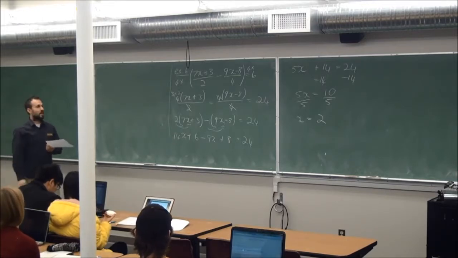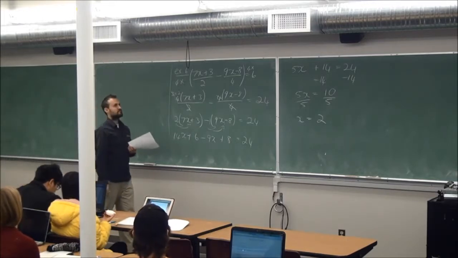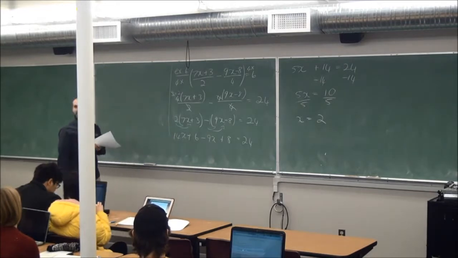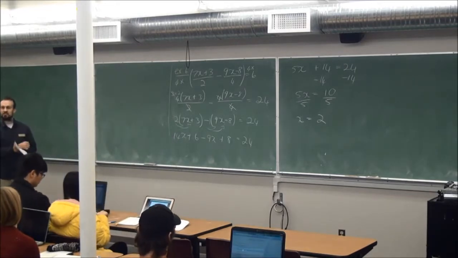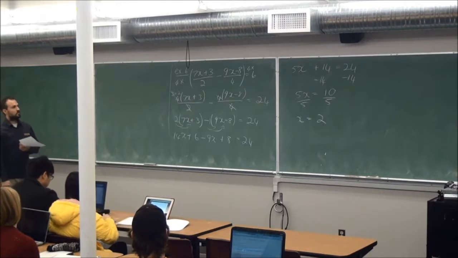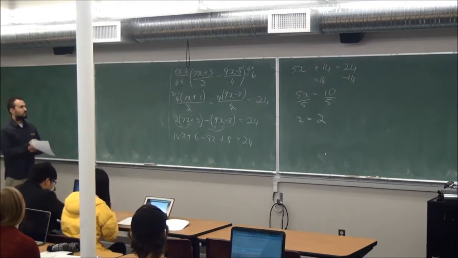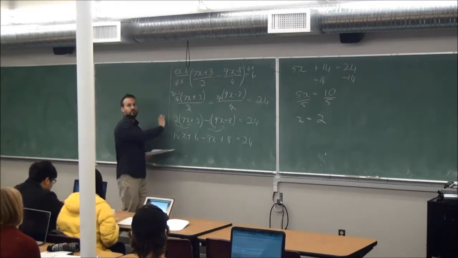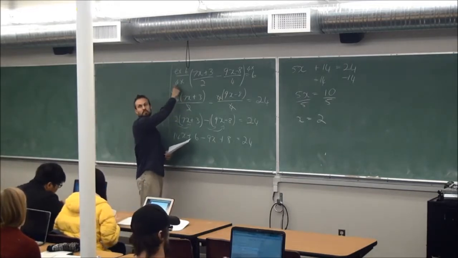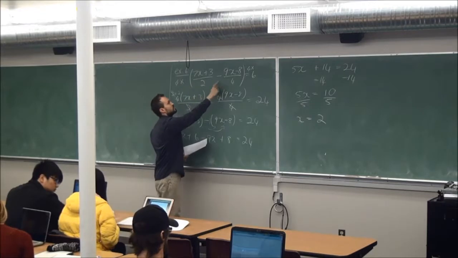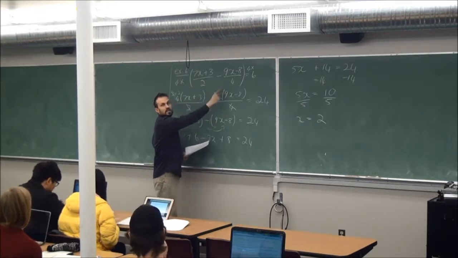If you happen to be one of the 1% of people that like fractions, then you want to keep them as much as possible. It's all the same. You can apply any of those 4 steps in any order you want. My personal preference is just to get rid of the fractions as soon as I can by multiplying something that would cancel with these.